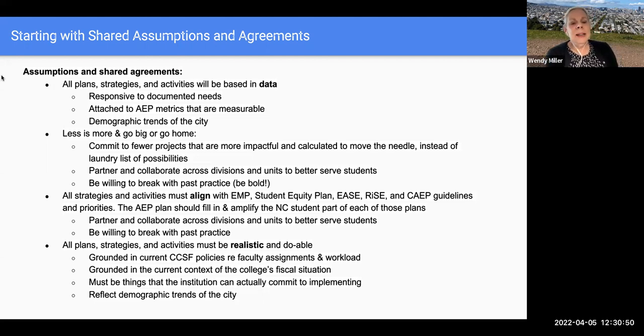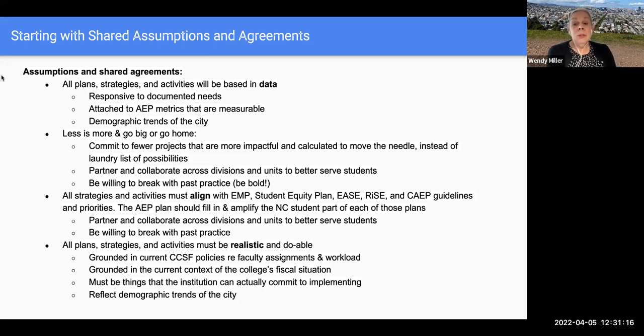And lastly, the plans and strategies and activities must be realistic and doable. City College is in, once again, some pretty dire financial situations. There are changes afoot, layoffs, and reduced schedules, et cetera.